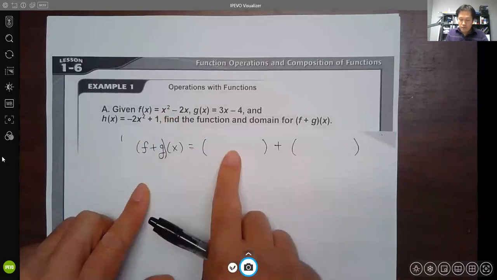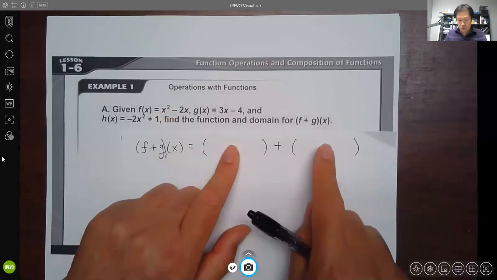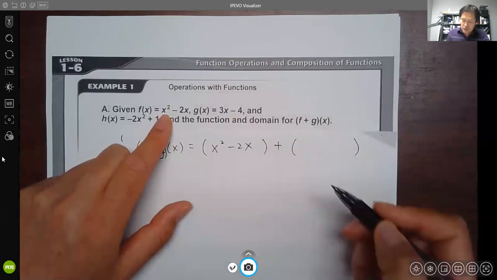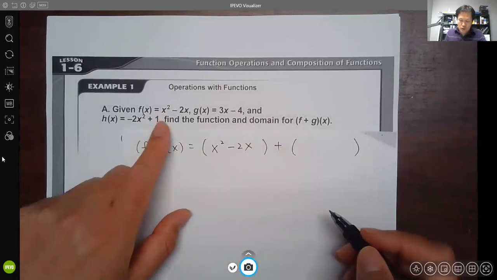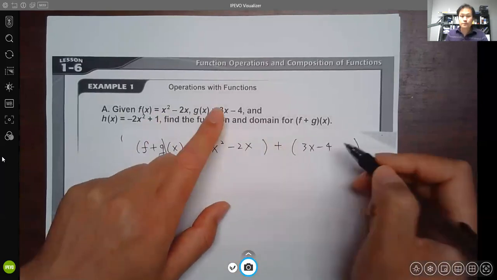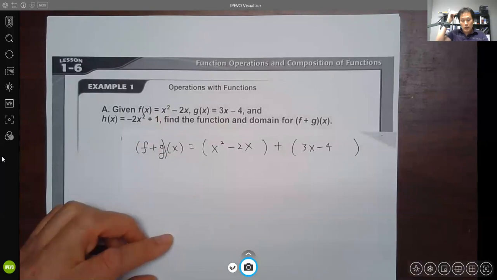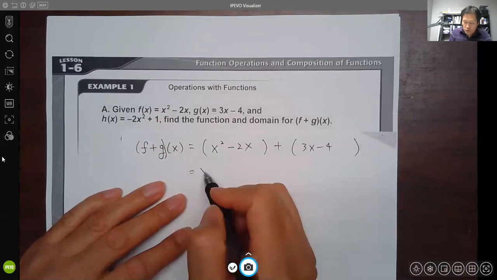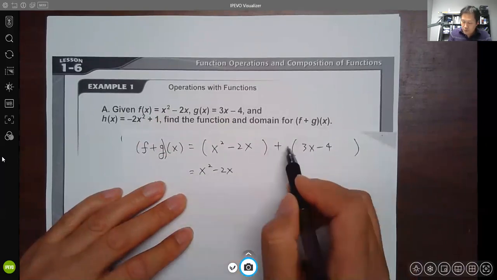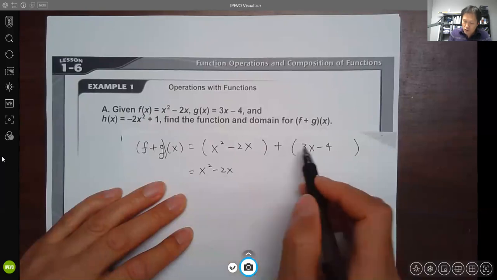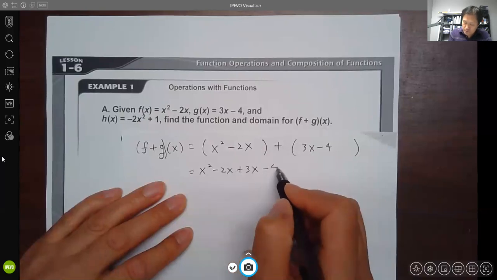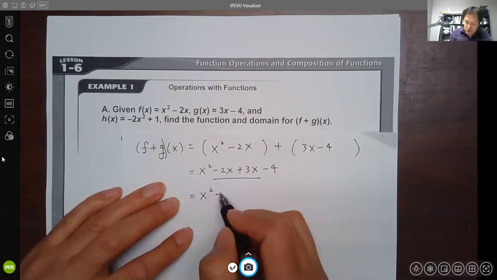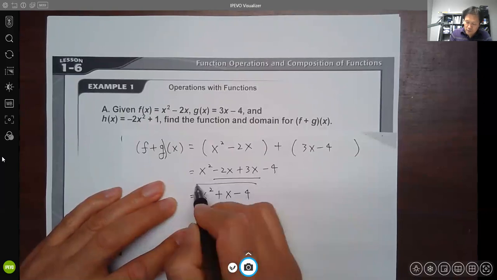Plug in f, plug in g, and that's it. f is x squared minus 2x. g is 3x minus 4. In front of a parenthesis, there's nothing there, so it's distributing 1, which doesn't do much. Combine like terms here. So minus 2x plus 3x makes plus x. Final answer.